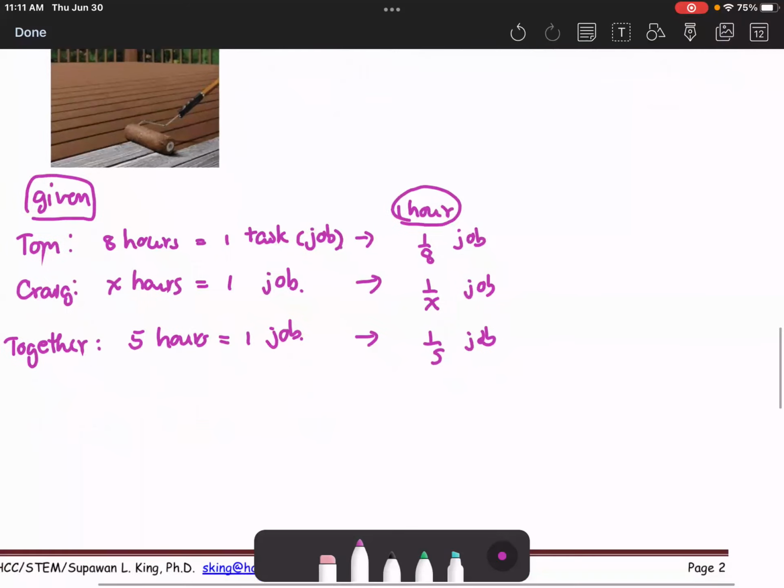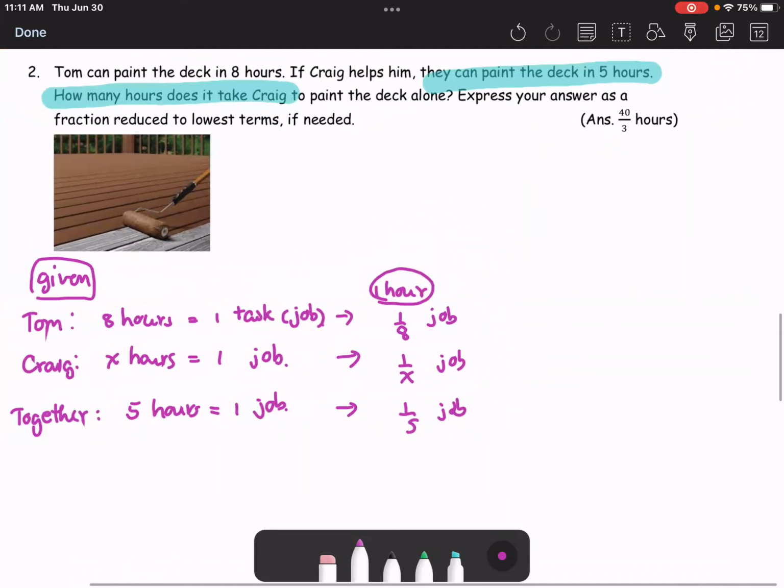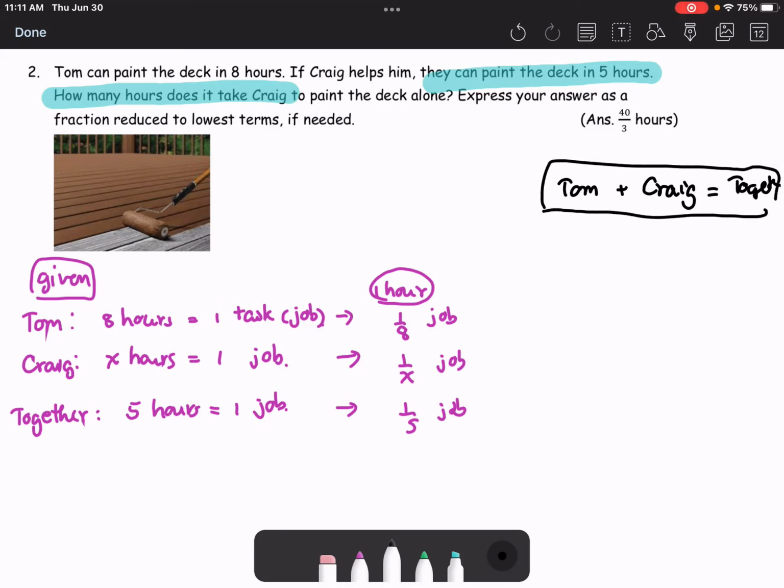With this information, we set up the equation: the portion of the work Tom can get done is 1/8, for Craig it is 1/x, and together it is 1/5. So this is the portion of work in 1 hour.